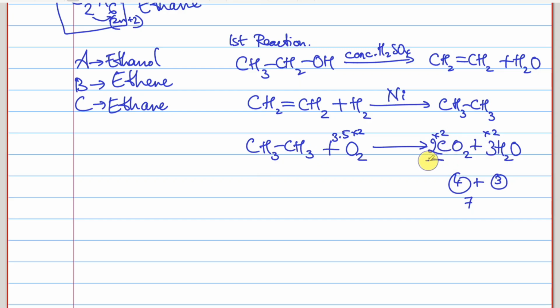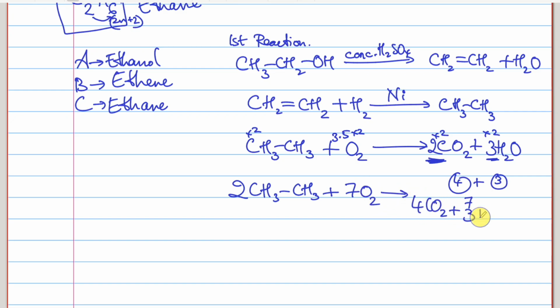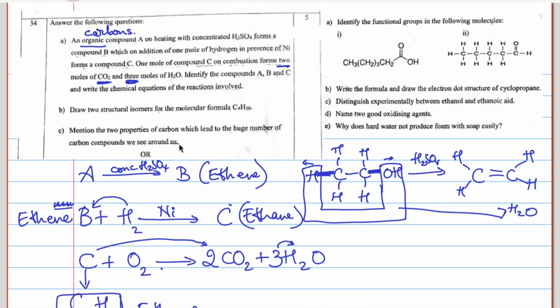So they have not directly given us the coefficients of this reaction. We'll have to use other coefficients. So when we multiply everything by 2, we get 2CH3CH3 plus 7O2 to form 4CO2 plus 6H2O. So this is the balanced chemical equation for the third sub question.